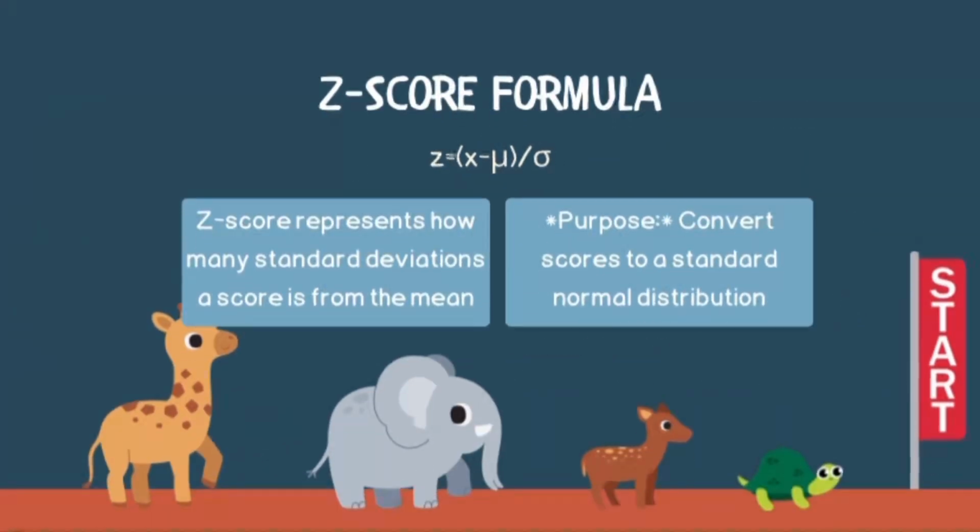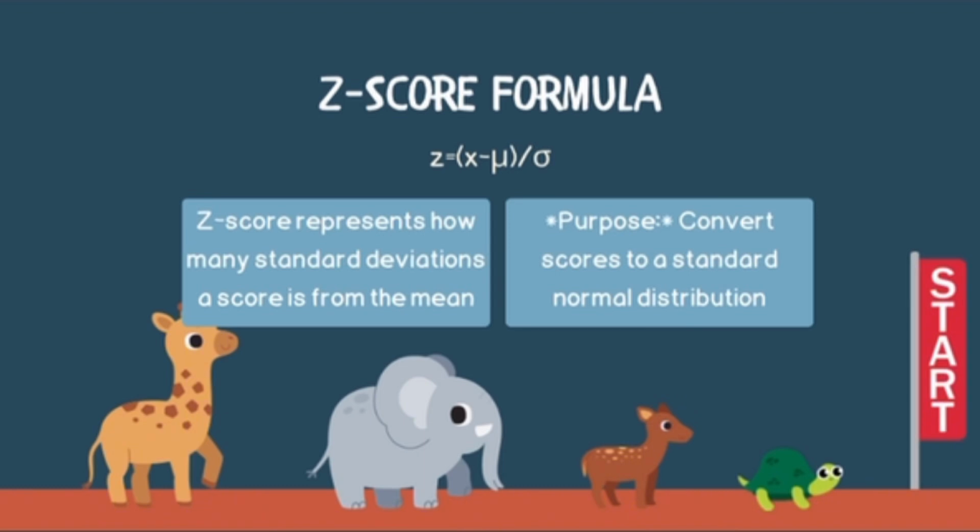The formula for transforming a score or observation from any normal distribution to a standard normal score is z equals x minus mean over standard deviation.